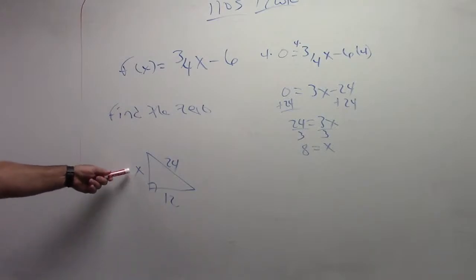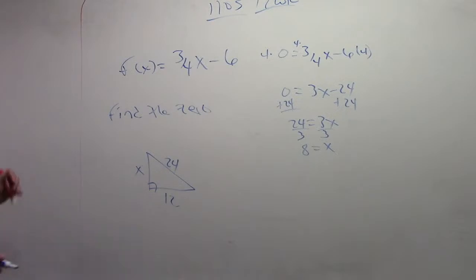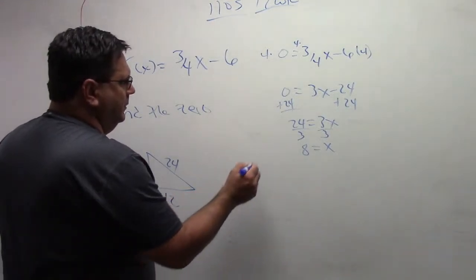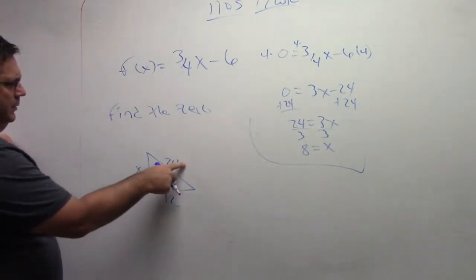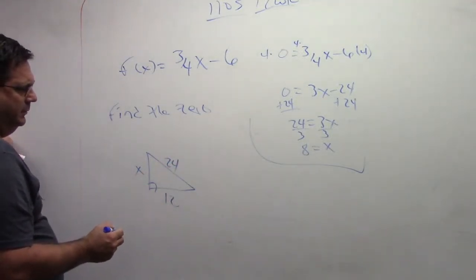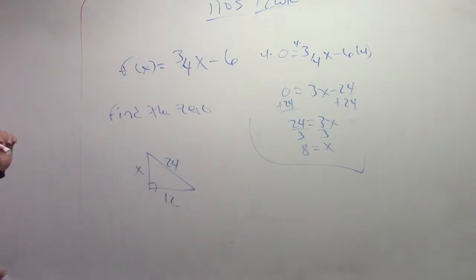Now, here. What did you get? I got 6 square root of 6. That sounds good.